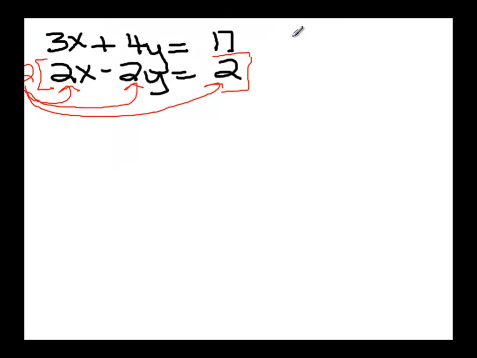So I'm going to bring over the first equation as is: 3x plus 4y equals 17.